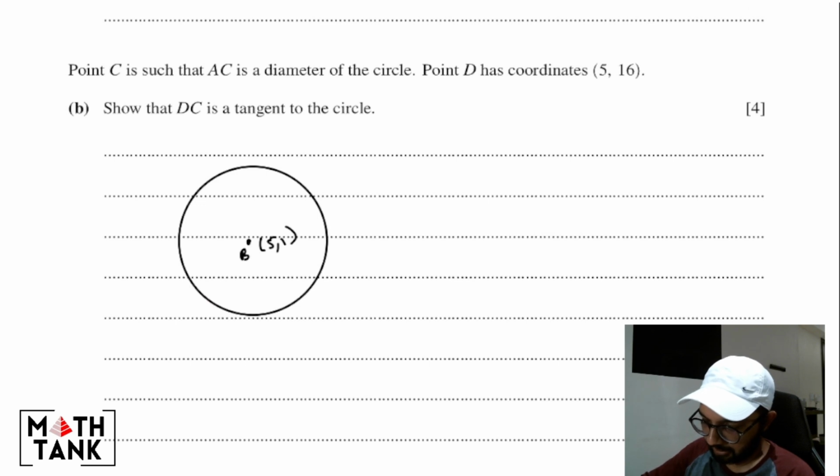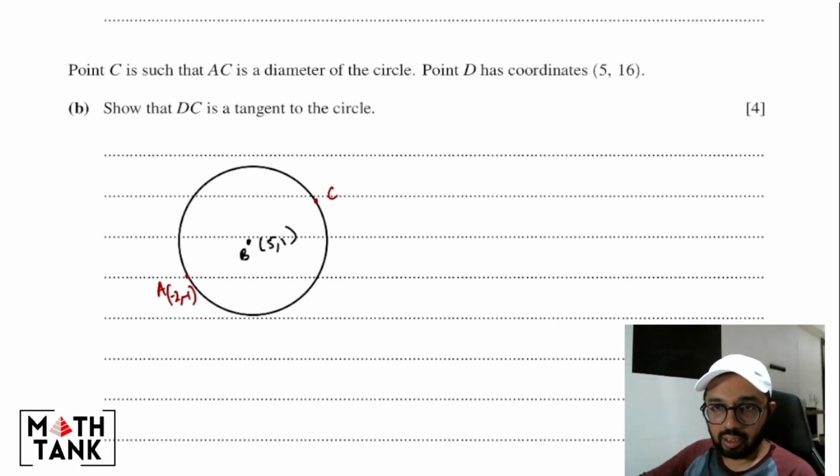No, further behind, I think. That's it. A was here. This says that point C is such that AC is the diameter. So C should be somewhere here. C is on the other end. I can simply calculate C by doing the midpoint. So I'm going to first do that and then read the rest of the question.